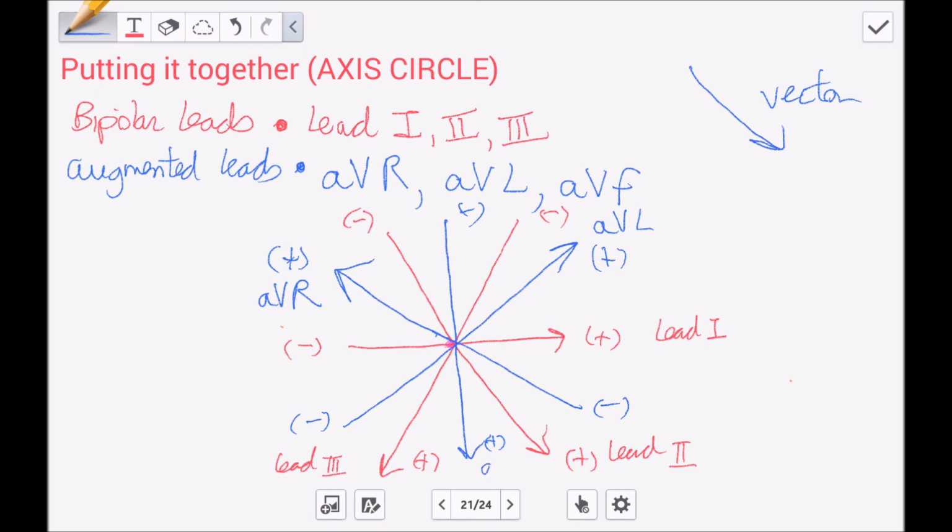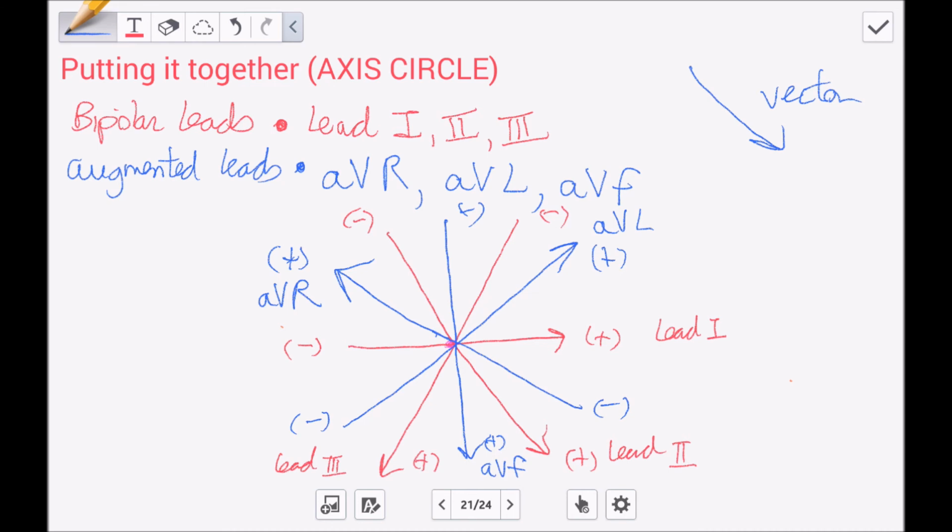And we have AVF, right? I want you to remember this because we'll see it again, when we need to find the axis. When we start going through 12 leads, it would be important to use this to find which axis the 12th lead is leaning towards, okay?